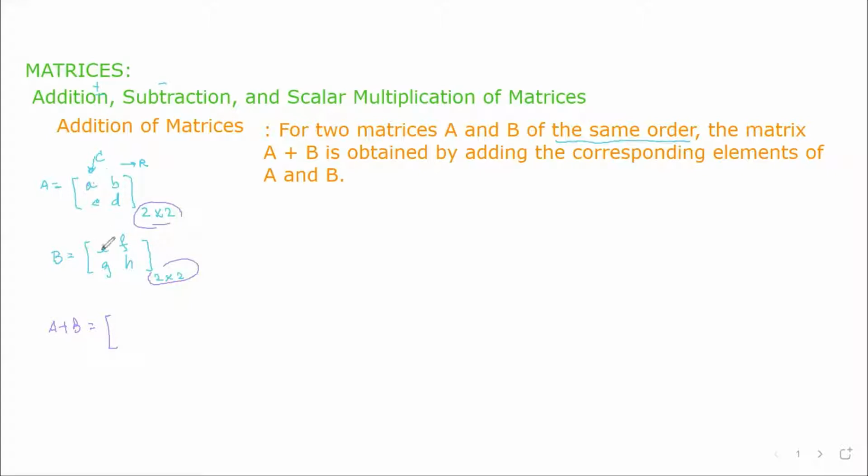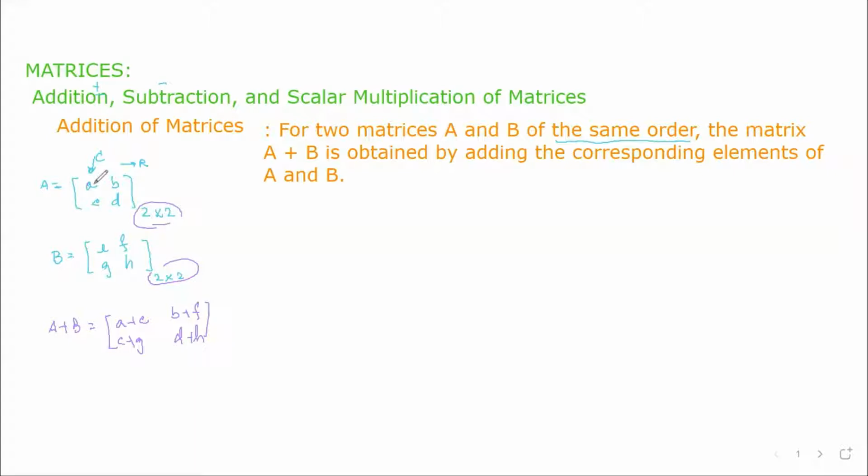First row, first column of matrix A, and also first row, first column of matrix B. So you're going to have A plus E, and then B plus F, and then C plus G, and then D plus H. Sorry, plus. So this matrix A plus B will equal to this.